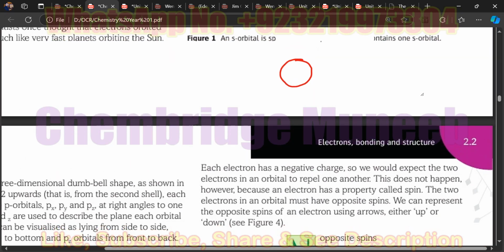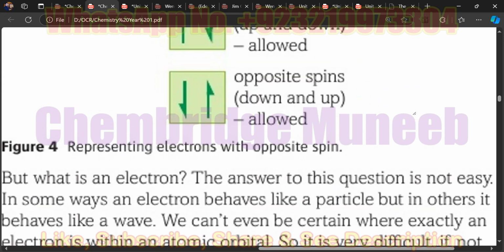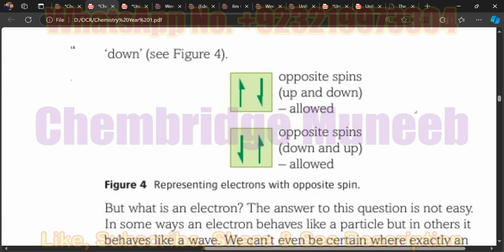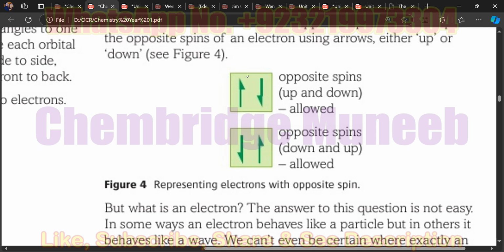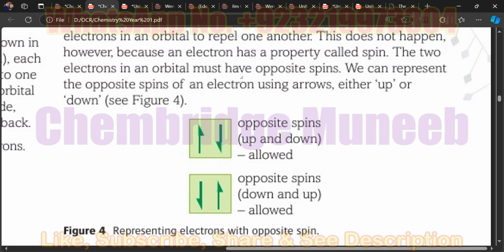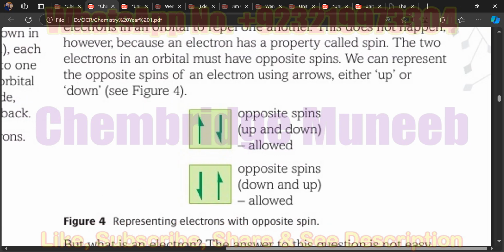Now, when the electrons are shown in the boxes, they are shown using arrow signs. The arrows you can see here are of opposite directions. One arrow is upward and the other is downward. What do you know about the signs of these arrows, upward and downward?